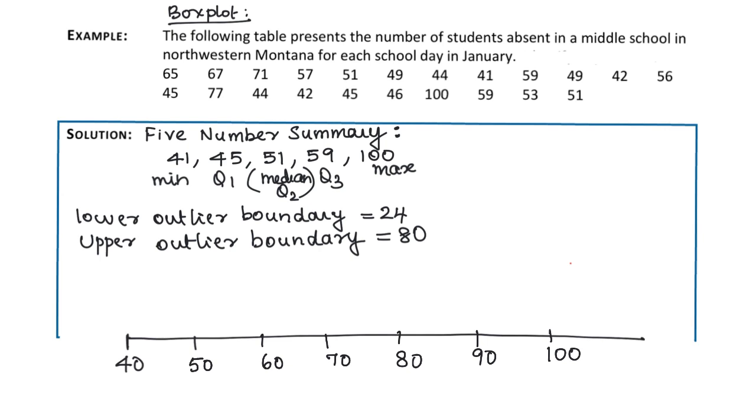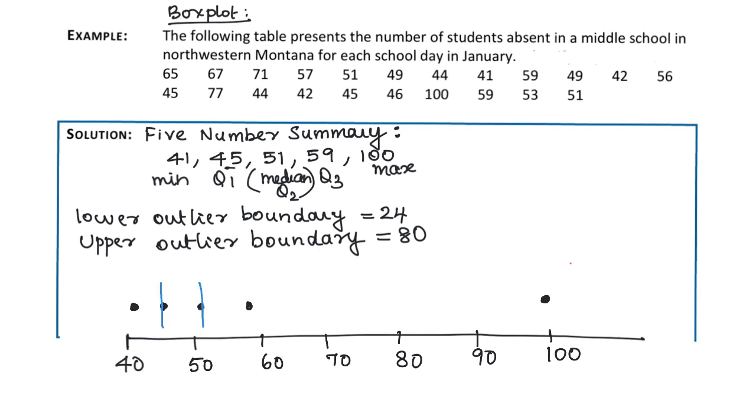Then I am going to plot these 5 points. 41 will be here close to 40 but bigger than 40, 45 the next number will be in the middle of that. 45, 51 right side of 50, then 59 will be left side of 60 and 100. Now, draw a vertical line at Q1, Q2 and Q3.